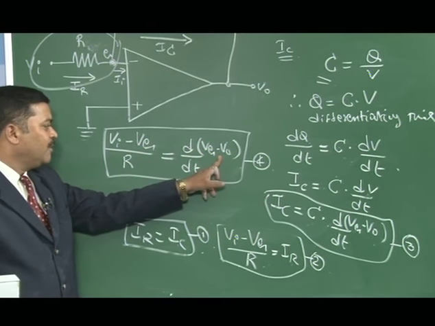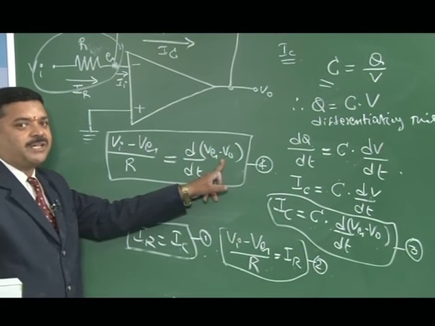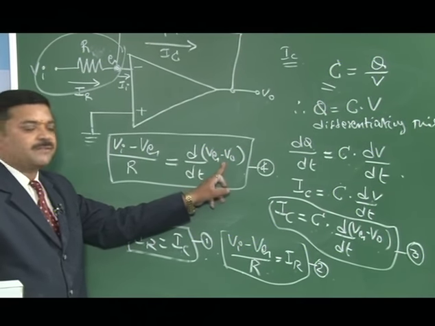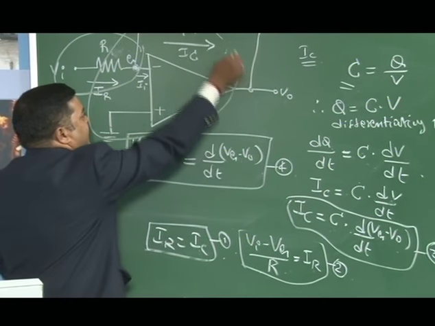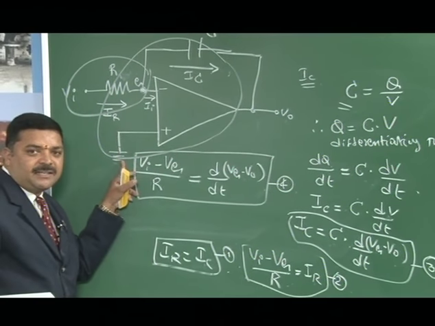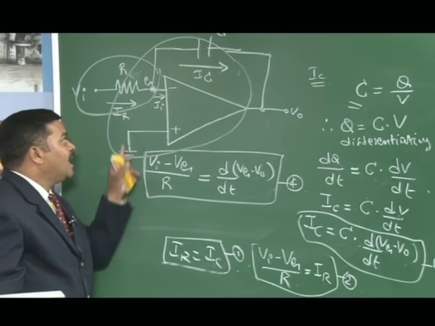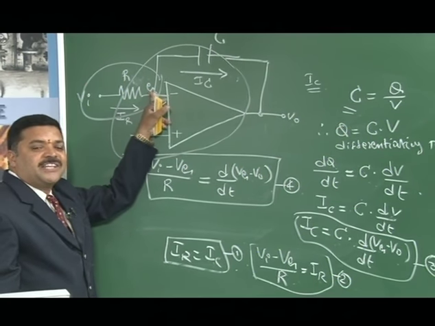So far we have found Vg by a concept called the virtual ground concept. Many times we discussed the virtual ground concept. If we apply it to this circuit, whenever one of the input terminals is held at some potential, here it is ground potential, automatically the other input terminal is also pulled to the same ground potential.